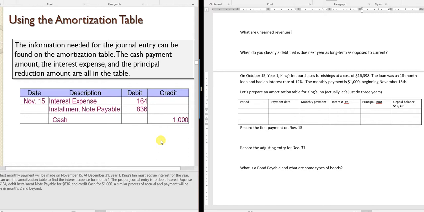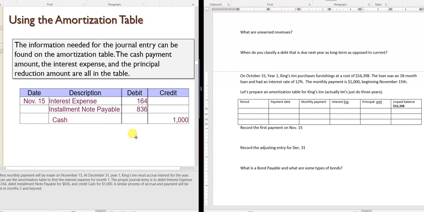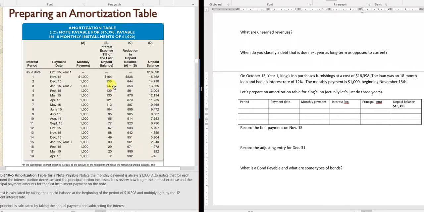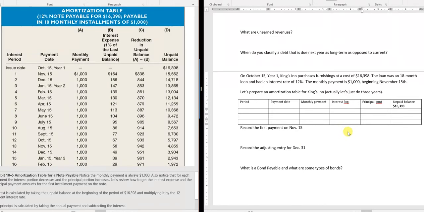Okay, then on December 31st, notice it's $14,718. Let me back up a second. I wish I would go ahead and make a December 15th entry.